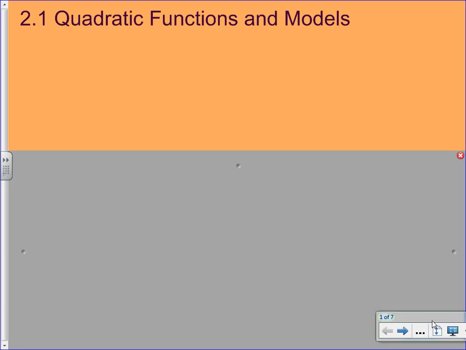All right? So first of all, I have written up here quadratic functions and models. Quadratic. What is a quadratic function? Okay, a polynomial with an x squared. So let's be more specific.